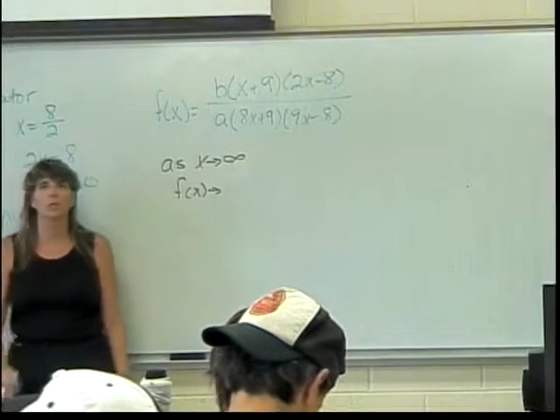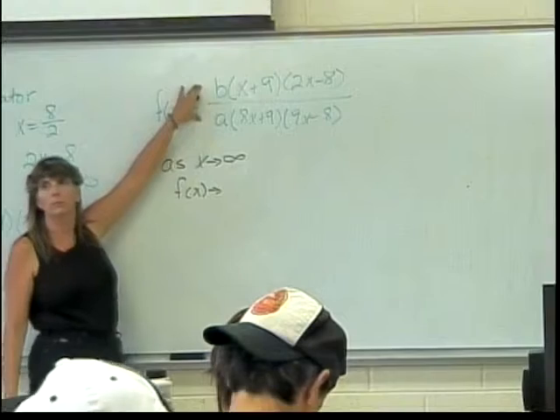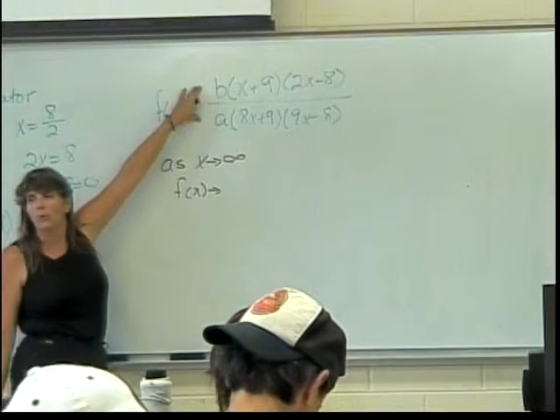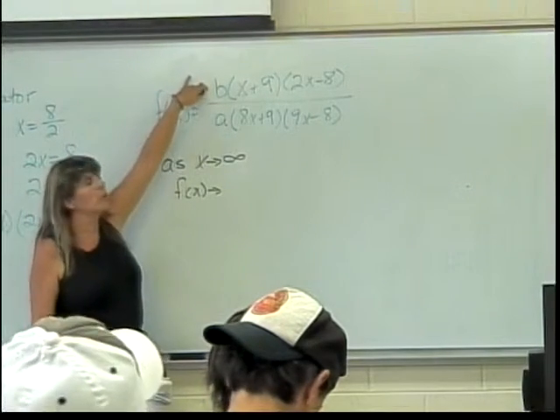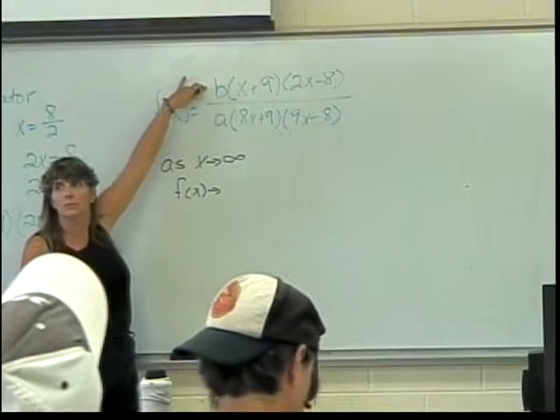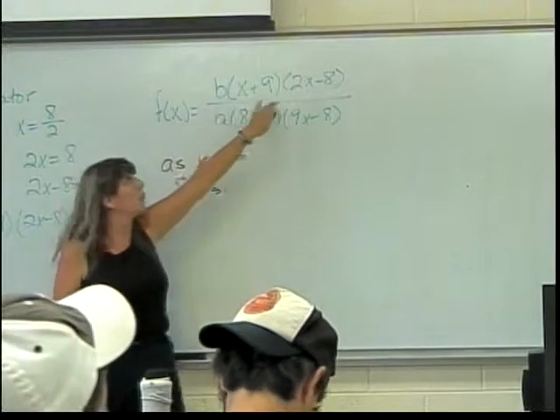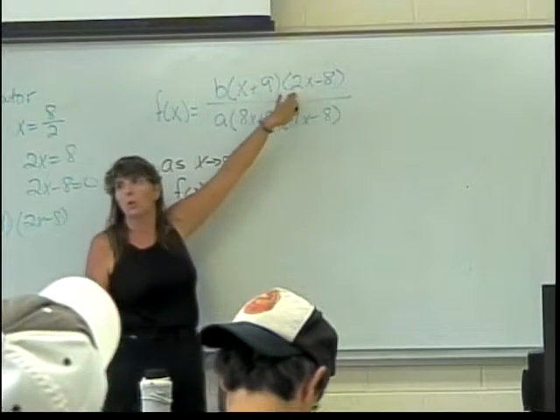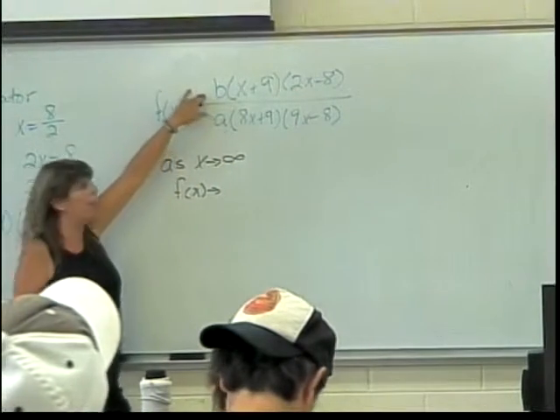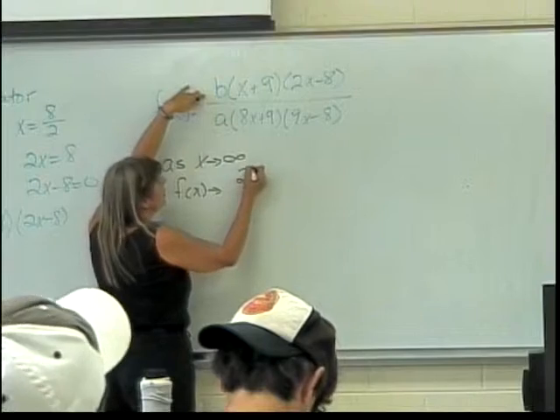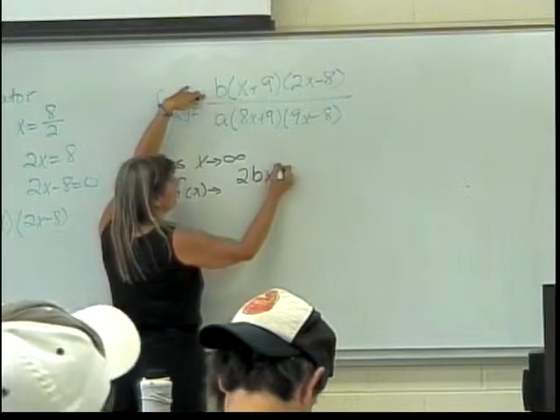Negative 2 over 72. Okay, well, let's look at my problem. As x approaches infinity, what's important in the numerator? What's important in this piece? The x. What's important in this piece? The 2x, and then that's all multiplied by b, so this is 2bx squared.